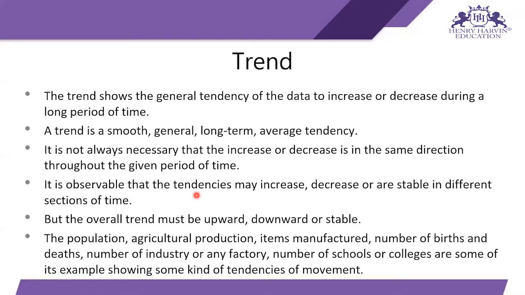So basically we categorize trend into three basic categories: the overall trend is going upward, or downward, or stable, like the stock price, revenue or profit of a company.